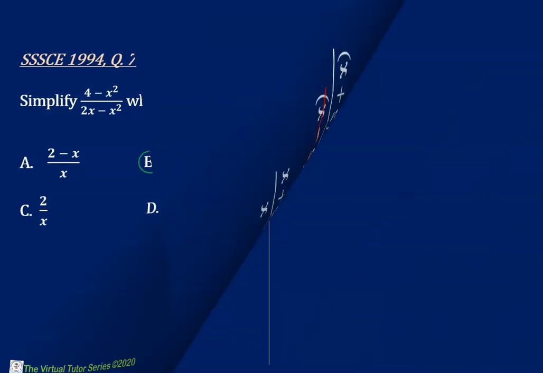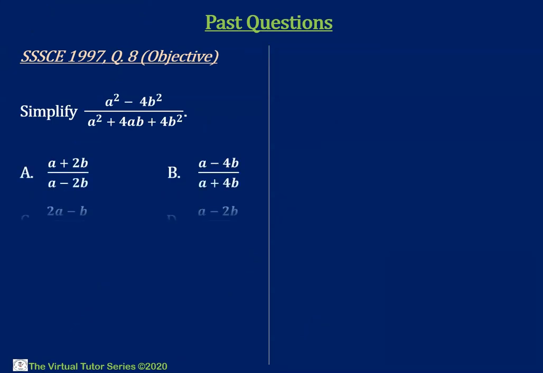Next is objective question number 8 of SSSCE 1997. Simplify (a² - 4b²)/(a² + 4ab + 4b²).